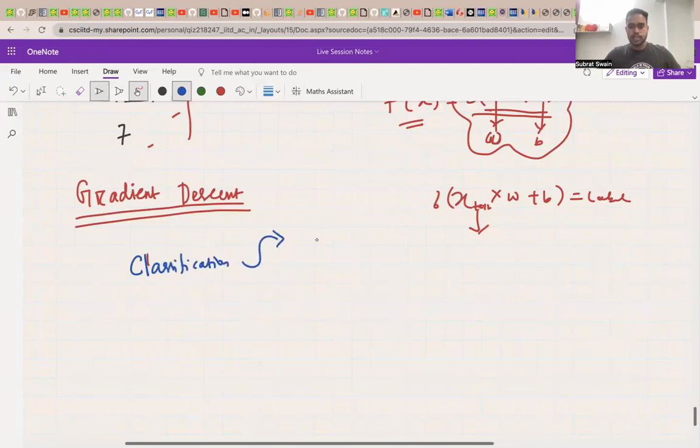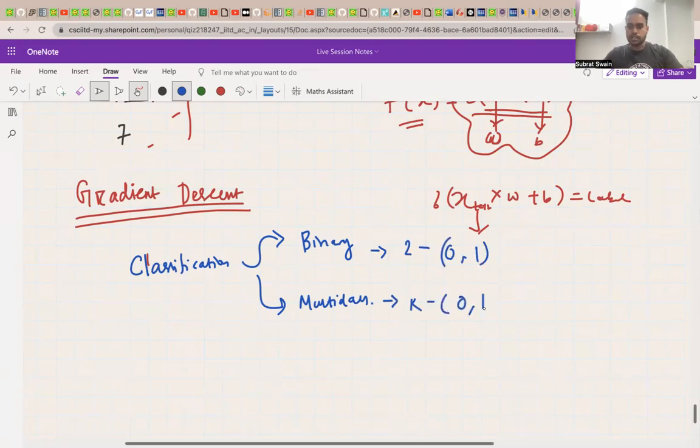The classification can be binary or multi-class. If the classification is binary, we have only two classes. In multi-class, we have many classes, let's say k. In two class we can denote it as class 0, class 1. In multi-class, we can go class 0, class 1 up to class k.